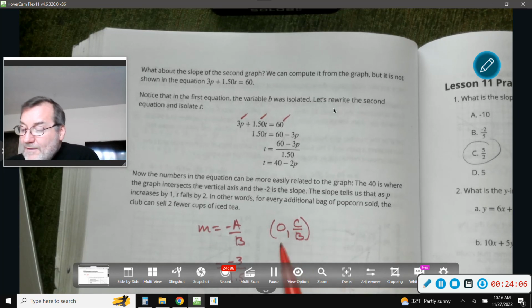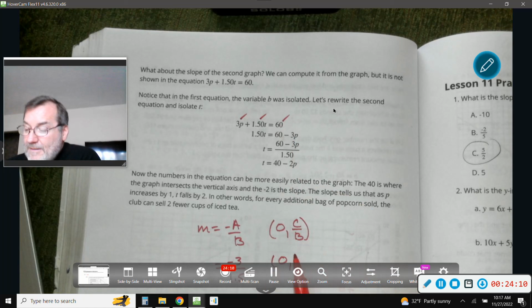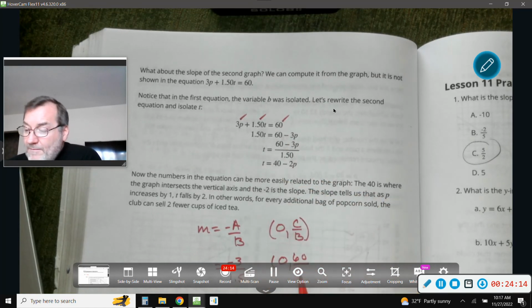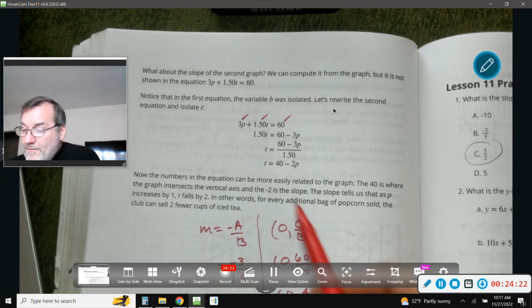And if you look at this, 0, what's c? Well, it's a 60. And what's the b? Well, 1.5. So what's that turn out to be? 0, 40.